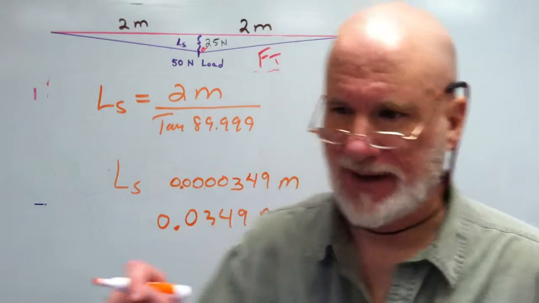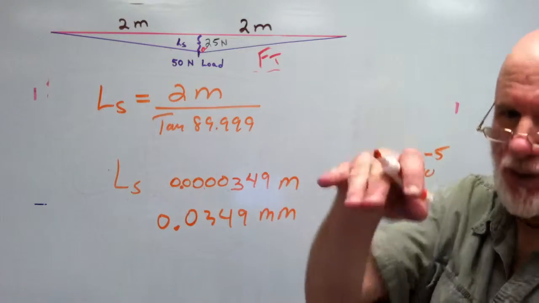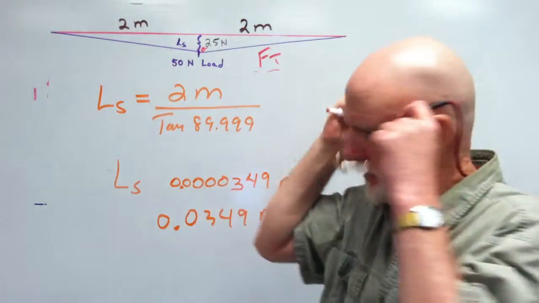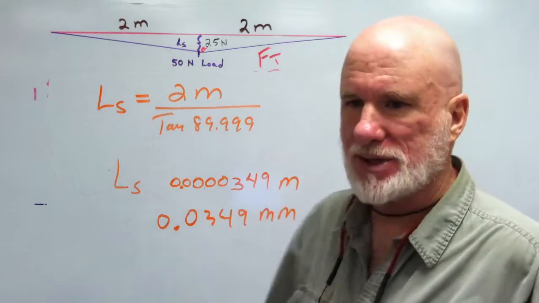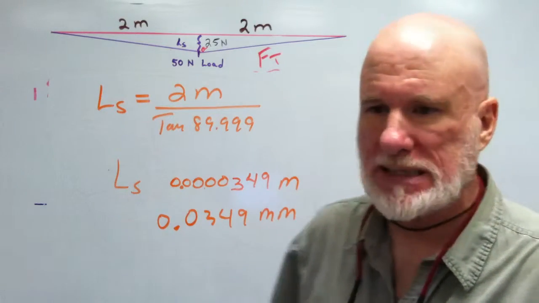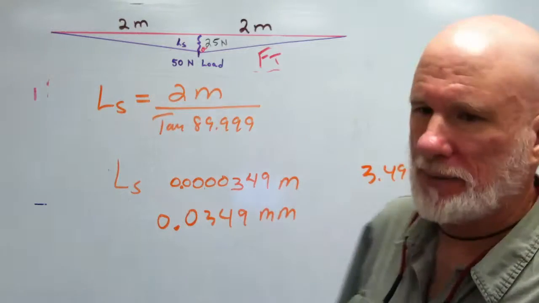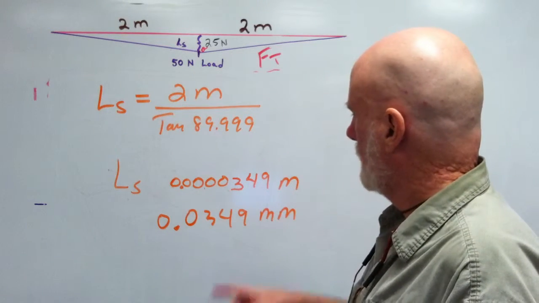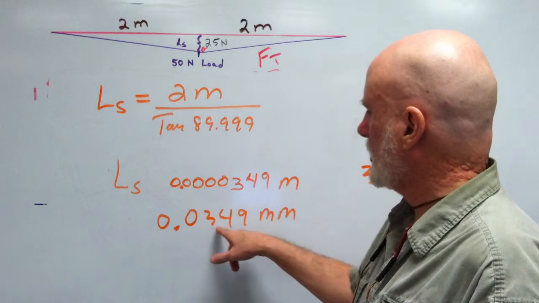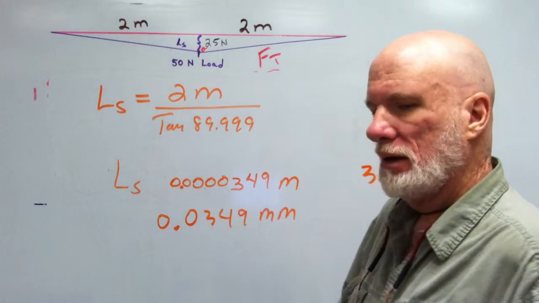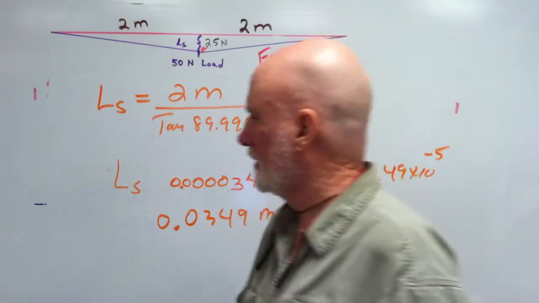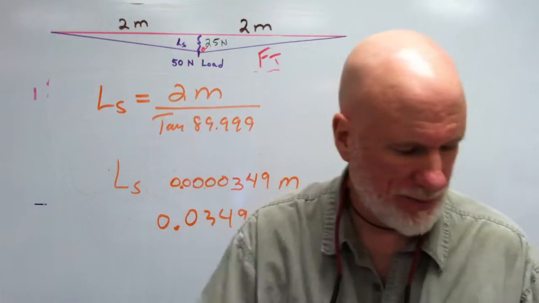You're multiplying by 1,000. You were absolutely right. Multiply that by 1,000 and you're going to get 0.0349 millimeters. Is that right? Yep. So that's going to be 3/100ths of a millimeter.